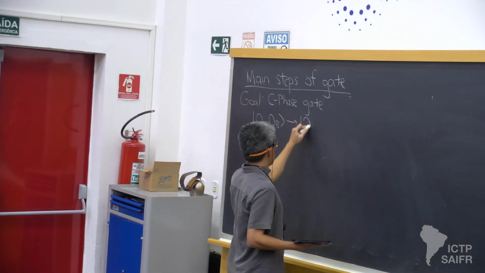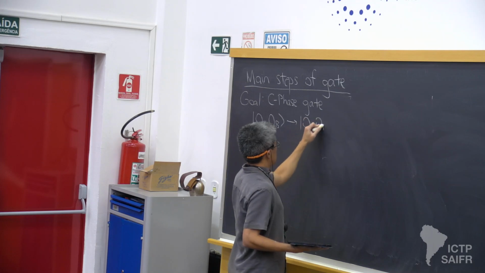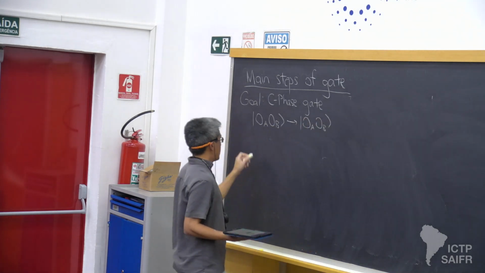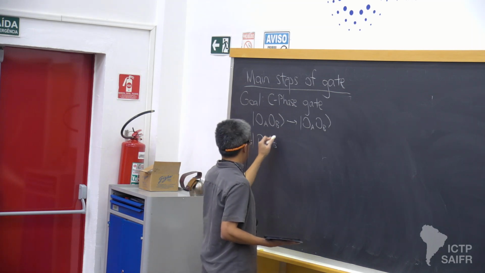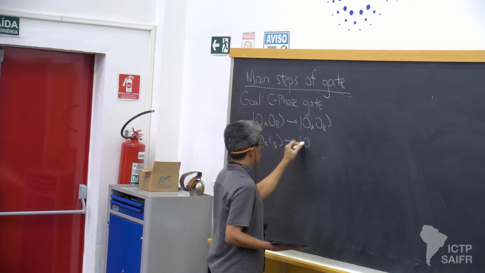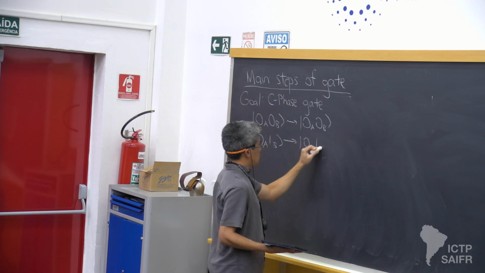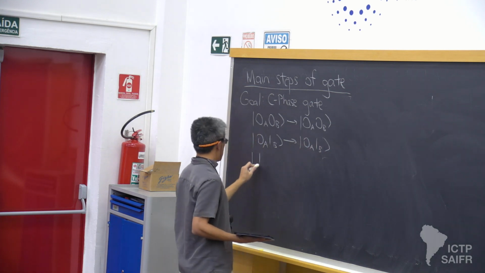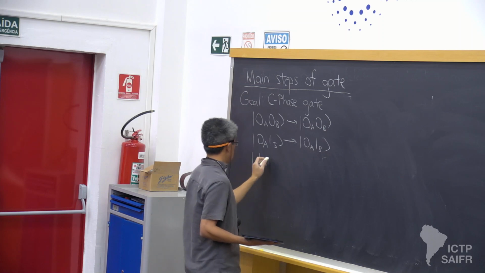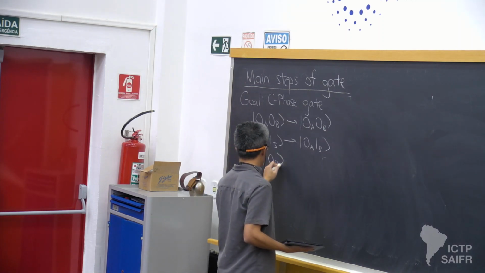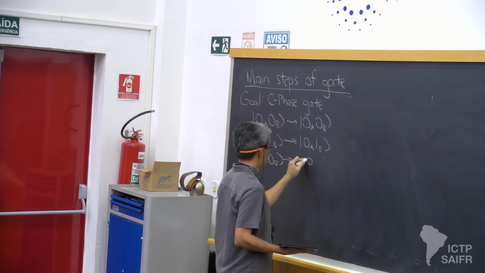The idea of a controlled phase gate is that if I have 0, 0, it gets mapped to 0, 0. 0, 1 gets mapped to 0, 1. 1, 0 gets mapped to 1, 0.